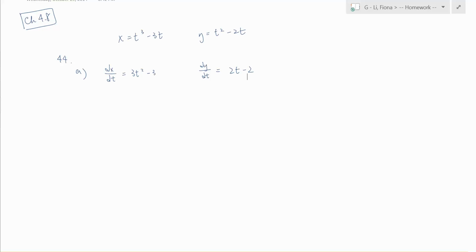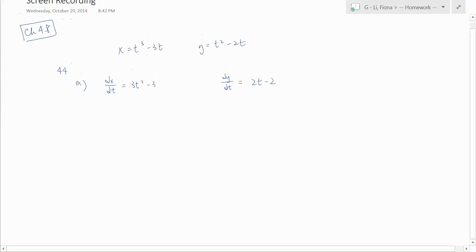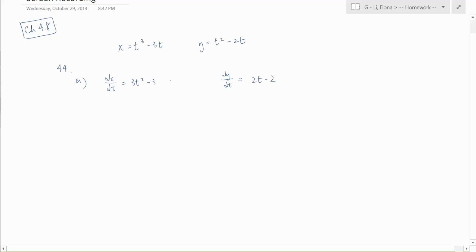So if we have a particle coming to a stop, the rate of change of its motion should be equal to 0 in order to fulfill this. And so let's go ahead and find when the rate of change in the x and y direction will be equal to 0.